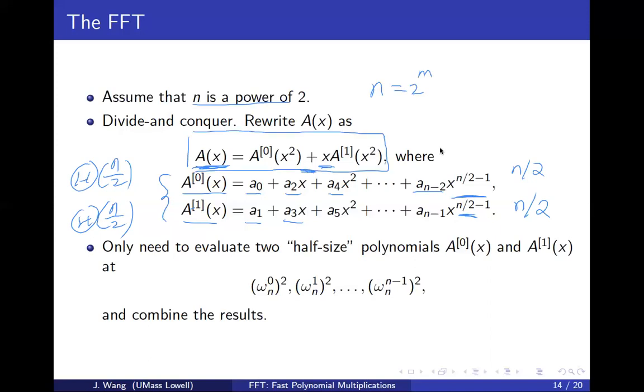Because you put x squared here, you add them up, that becomes, right? You put square, so it's 4, and then it just becomes n minus 2.